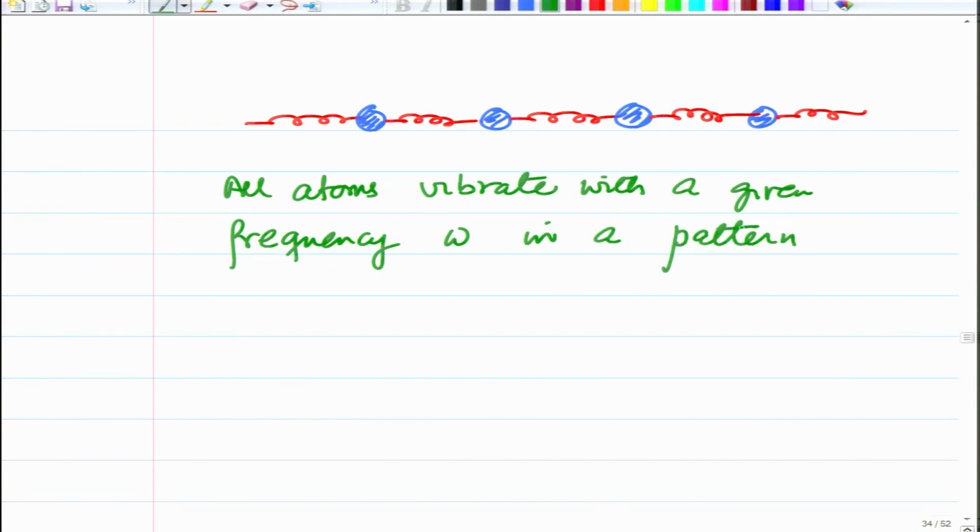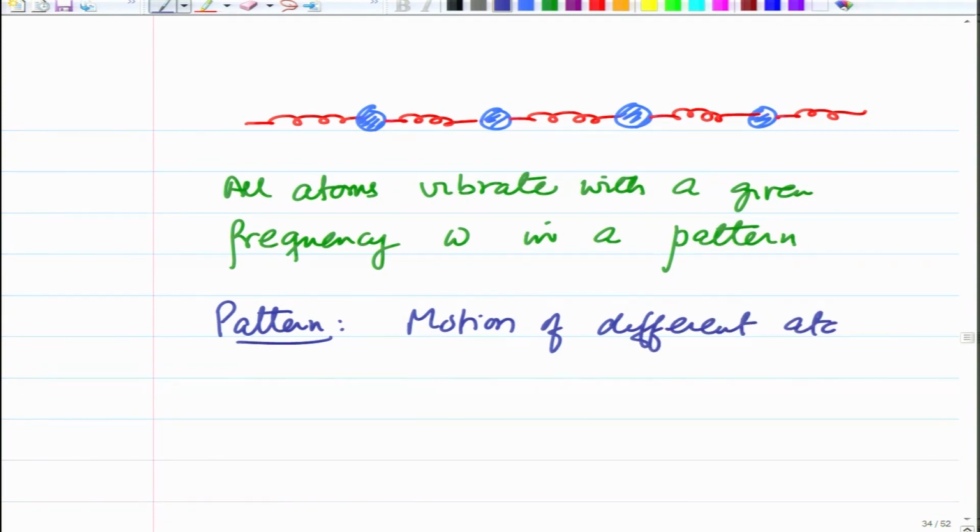And what is the pattern? The pattern is that the motion of different atoms is related by a wave-like relation.